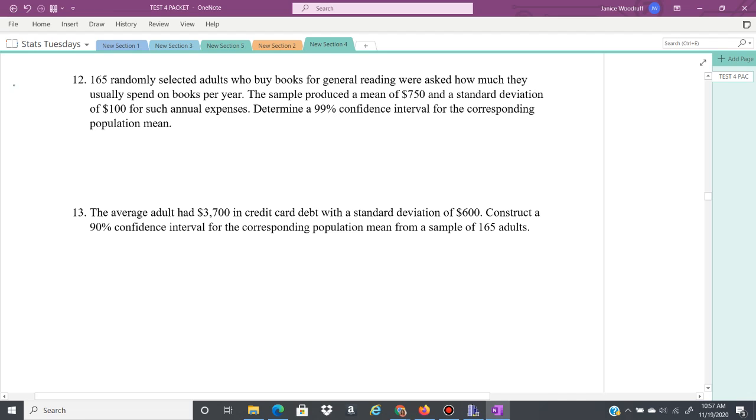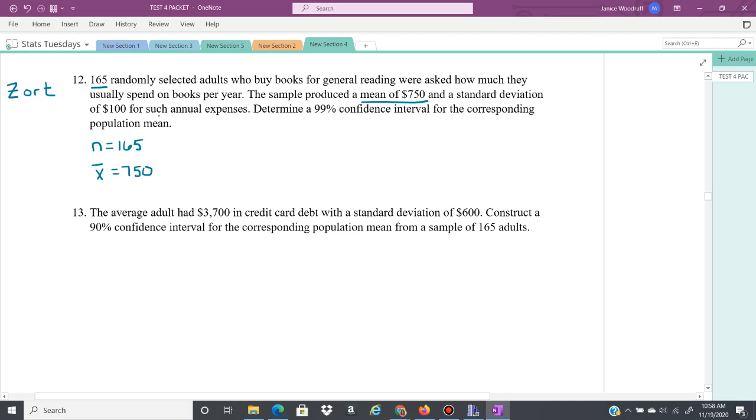So this is Z or T. We have 165 for a sample size. We have a mean inside a sample, so a sample mean X bar of 750.